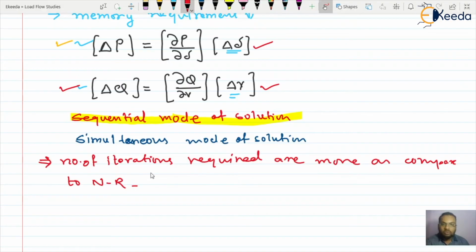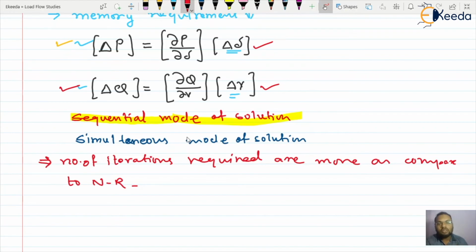What are those two assumptions we have considered? We have considered that the real power is only depending on the phase angle and not at all depending on the voltage. Reactive power is depending only on the voltage and not at all depending on the phase angle. With these assumptions, we are carrying out this method. Since we have used some approximations, the number of iterations is increasing.